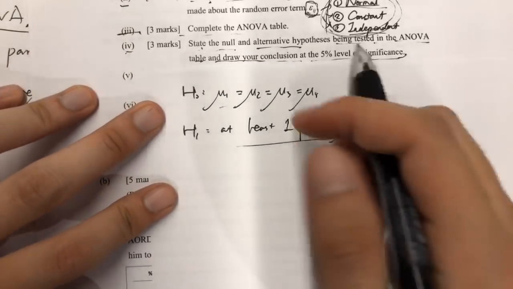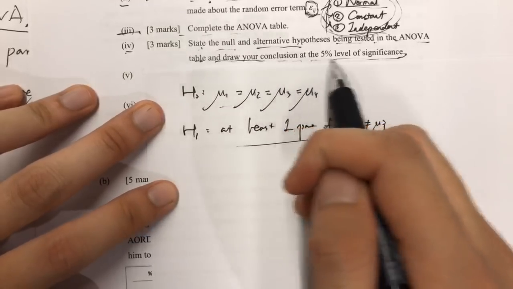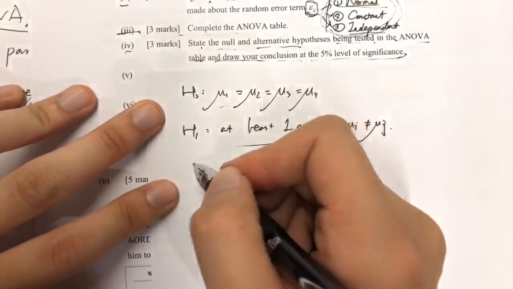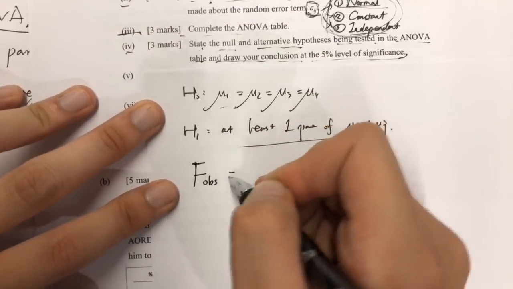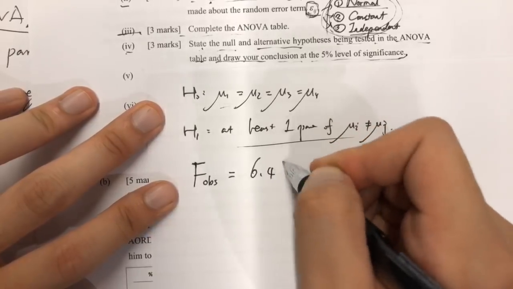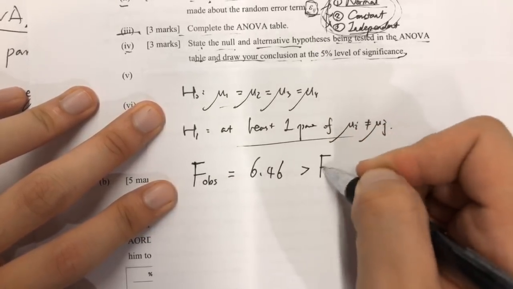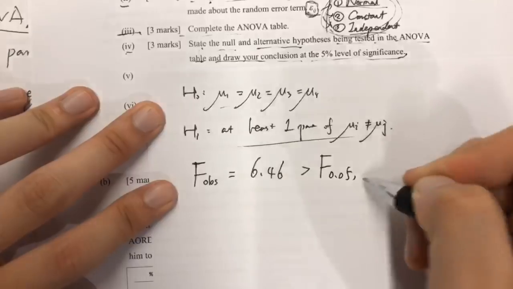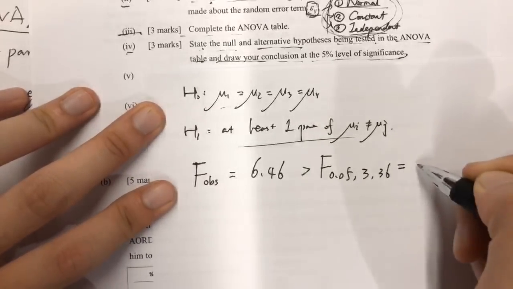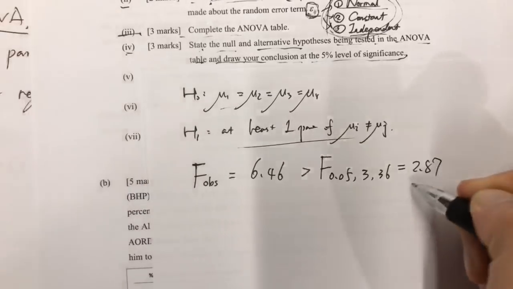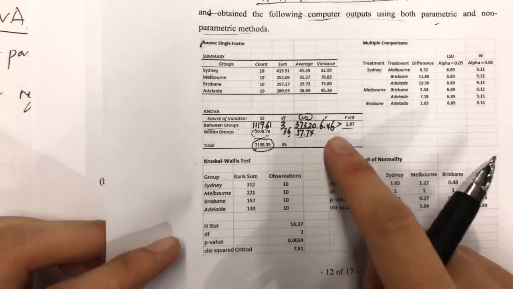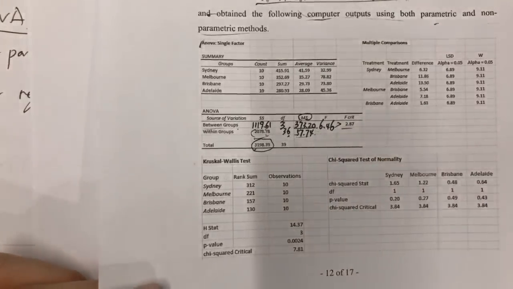Now it's asking you to draw your conclusion at the 5% level of significance. We know the observed value of the F statistic is calculated as 6.46, which is greater than F 0.05. What are the degrees of freedom? 3 and 36, which is equal to 2.87. So this critical value has already been provided here, okay, 2.87.